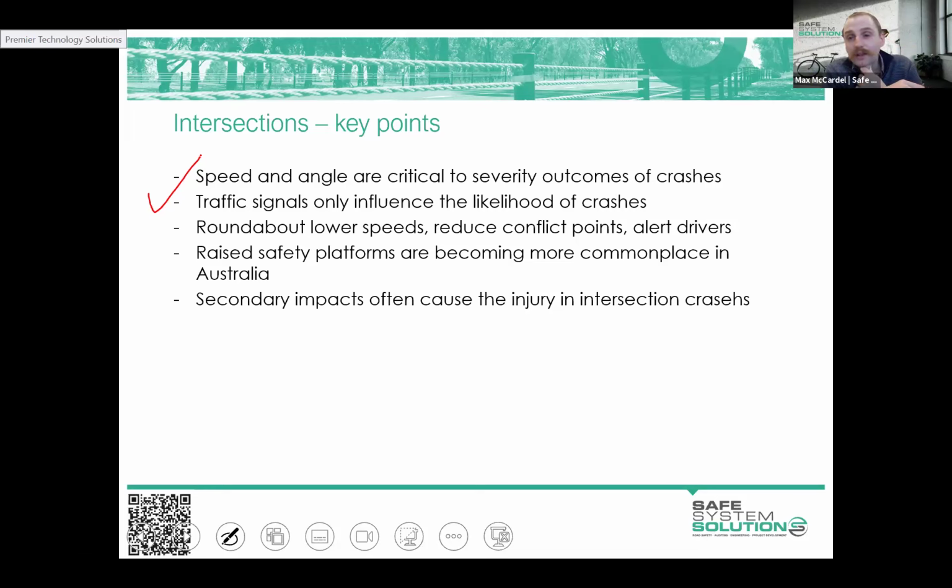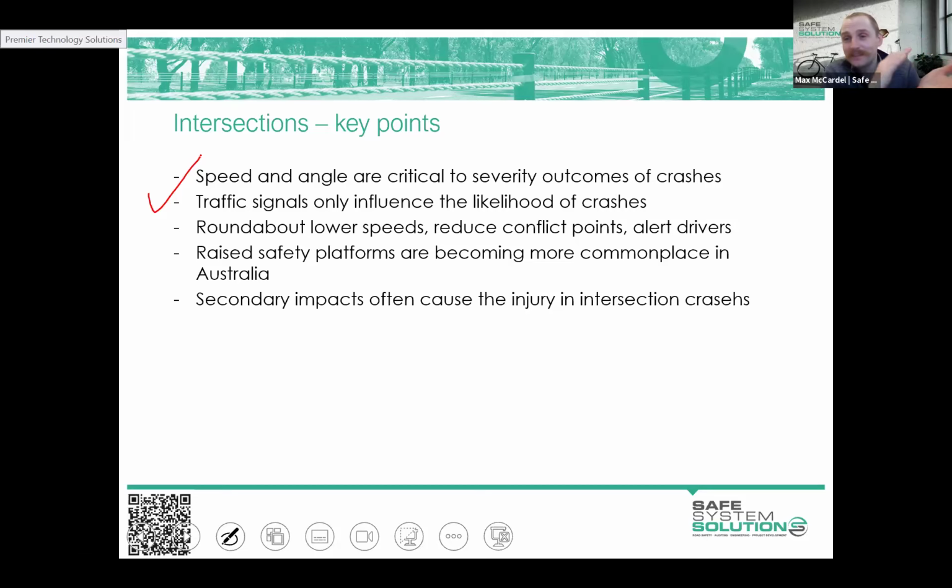They're distracted or whatever. They just didn't see the red light. The raised safety platform in itself doesn't care. It doesn't care if you're distracted or you're focused on other things or you're having a beer while you're driving, which obviously I do not condone. Doesn't care about any of those things.